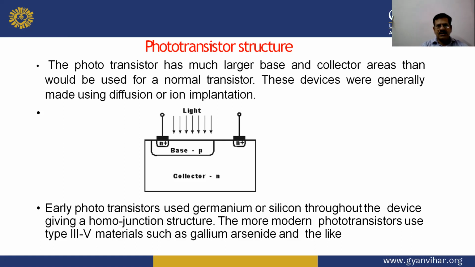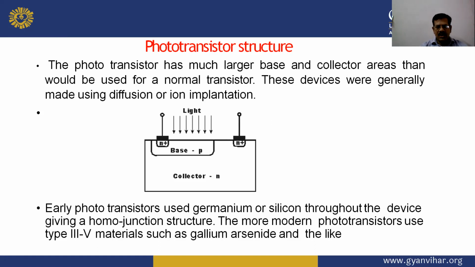These devices were generally made using diffusion or ion implantation. Early phototransistors used germanium or silicon throughout the device, which are the two types of semiconductor materials generally used to construct the phototransistor, giving a homojunction structure.